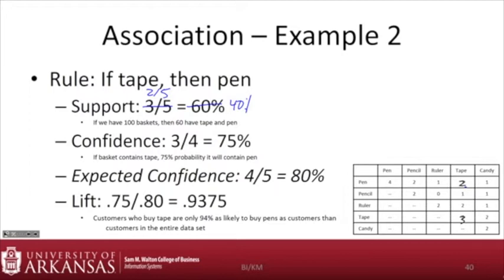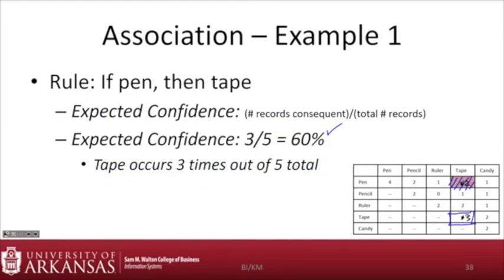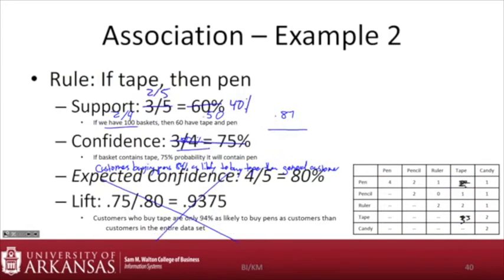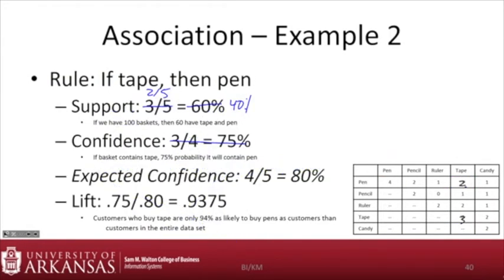The confidence in this case is going to be what? So remember, confidence was, go back, both the antecedent and the consequence divided by the antecedent. So we want both pen and tape. And this time the antecedent is tape.